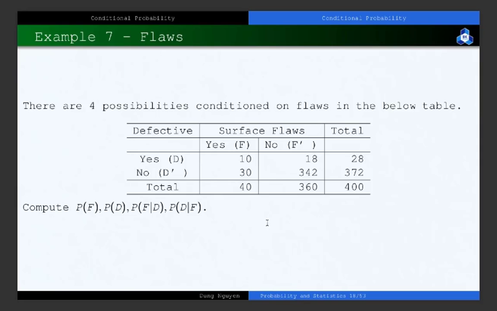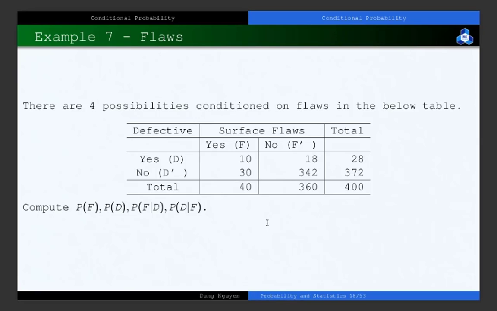Let's consider the following example. There are 4 scenarios when you check the surface of an item. You may see that there are some flaws on the surface or not, and that item could be defective or not.